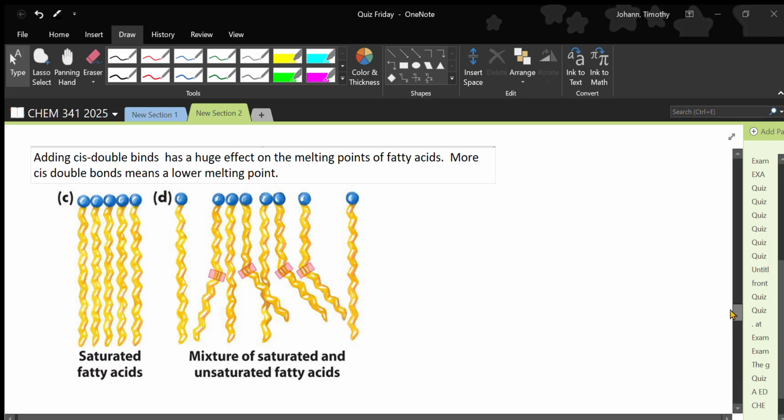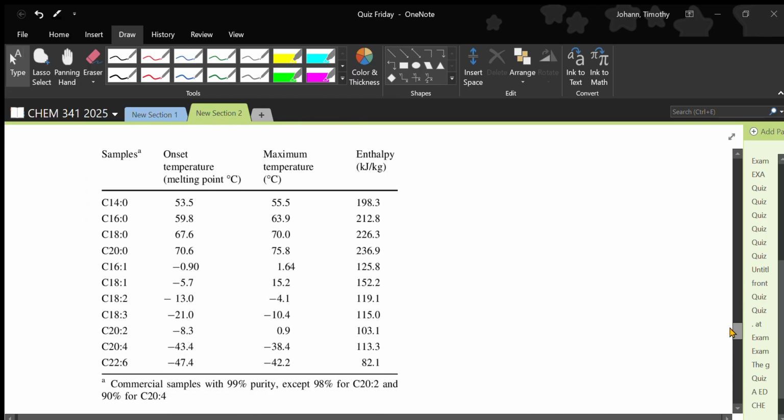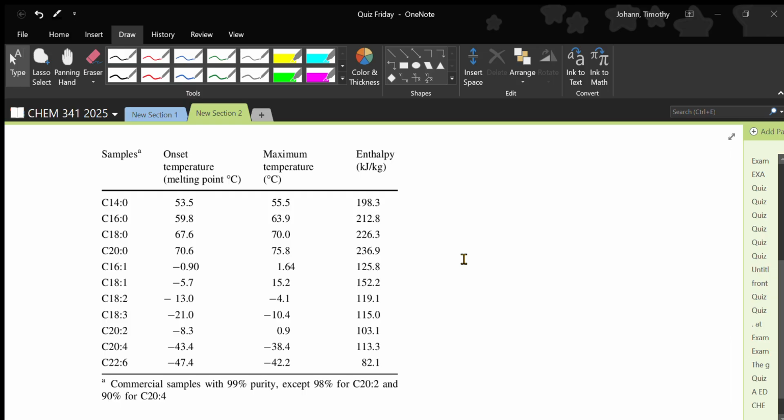Real quick, let me show you some numbers for this. The numbers are really striking. We're almost out of time, but let's look at this. If I've got an 18 carbon fatty acid, my melting point is 67 degrees Celsius, that's where this thing starts melting. Whereas if I add a double bond, now this thing is melted and it's an oil, below freezing.